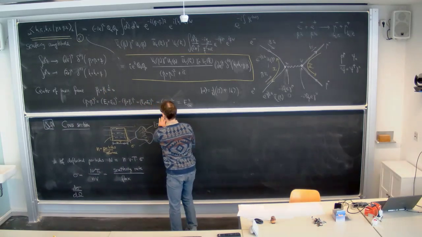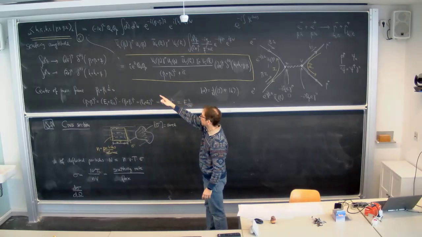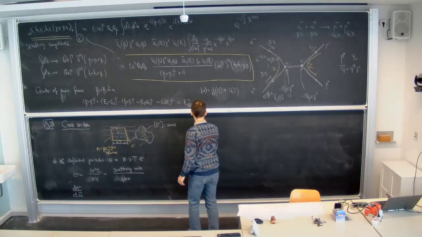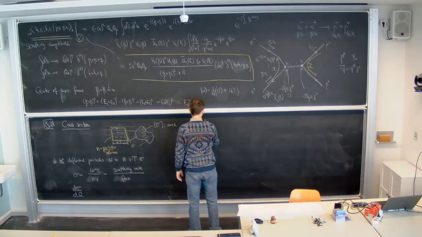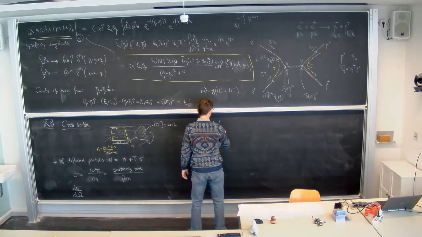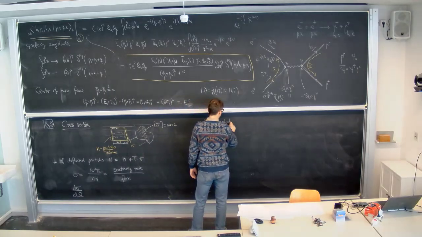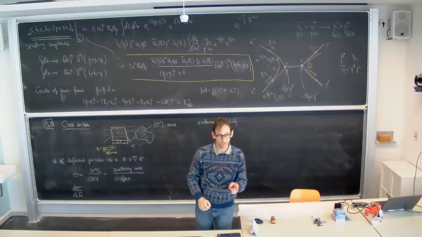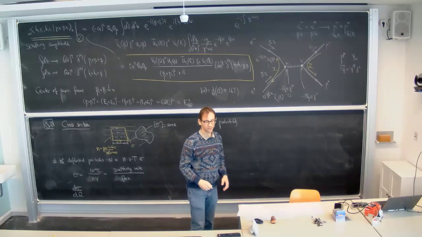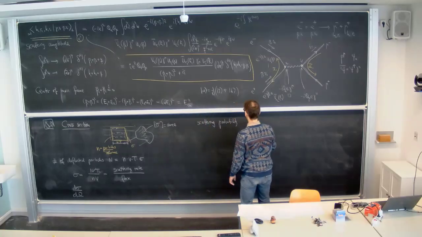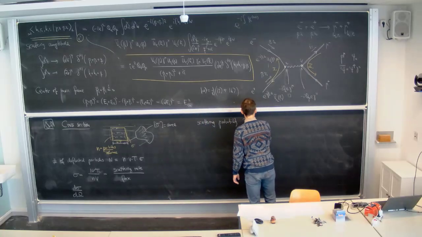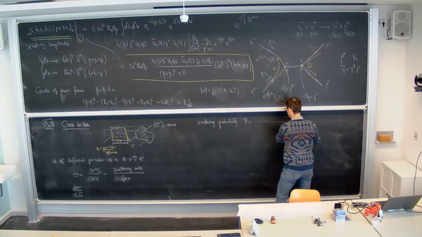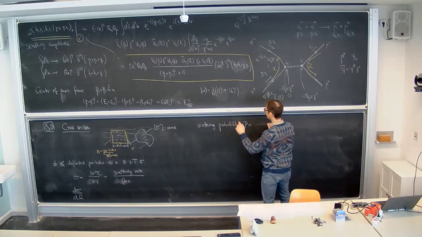The first thing we need to do, from the scattering amplitude to the scattering probability: how do you go from amplitude to probability? Squared. Exactly. So the probability P is the square of it.